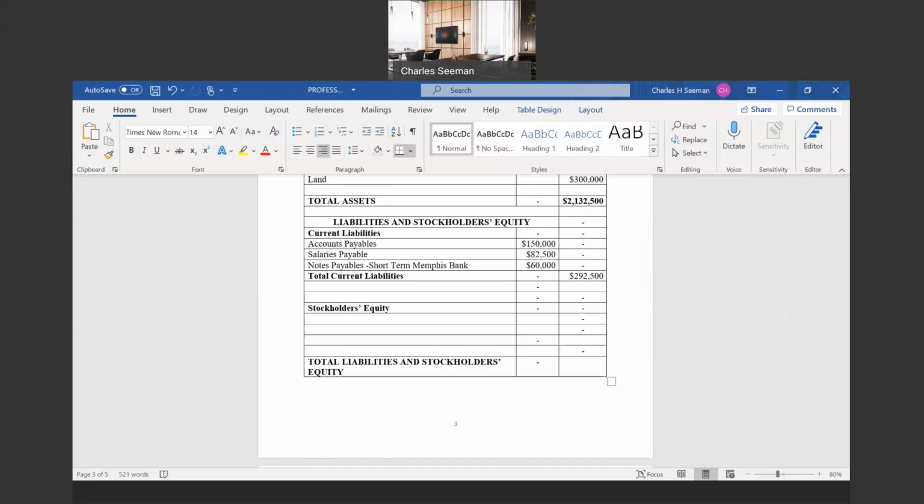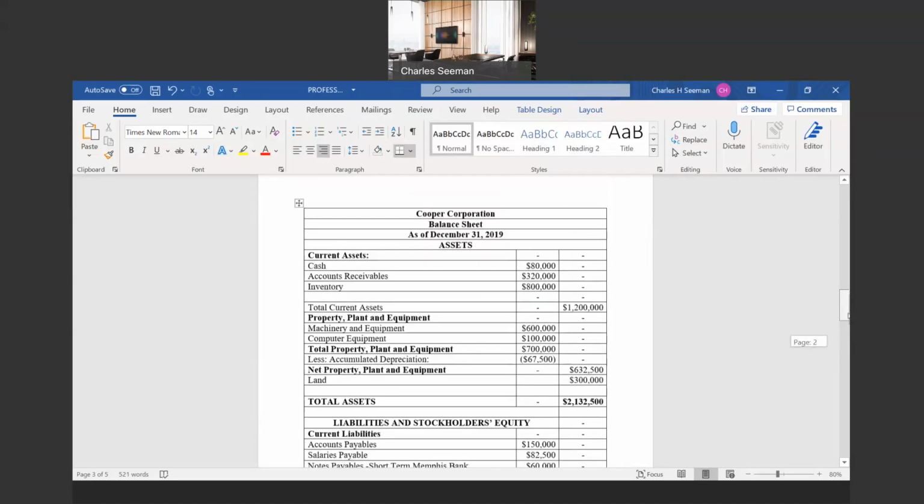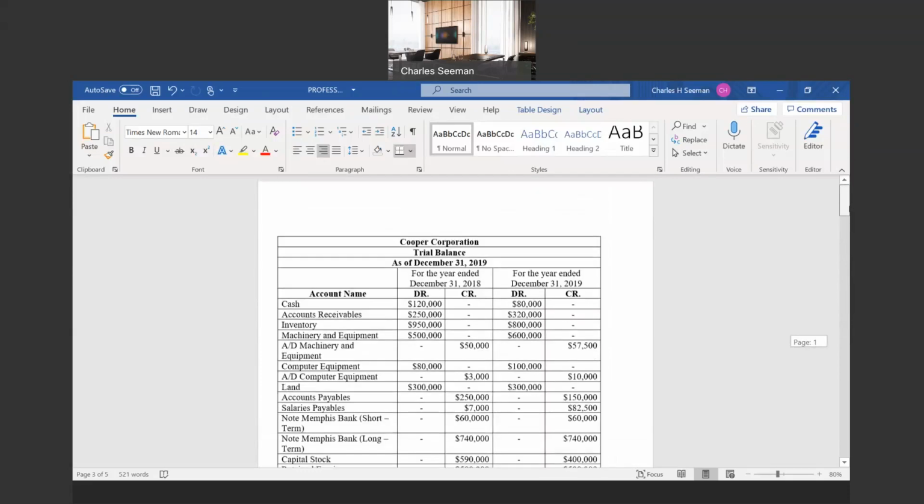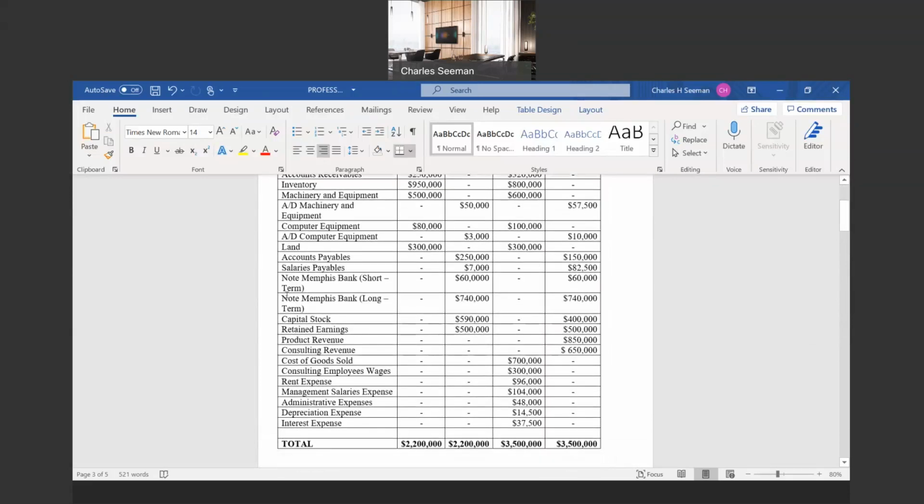Now, the next section is long-term liabilities. Those are liabilities that I'm expected to have longer than 1 year. I'm not going to be able to pay off the long-term portion of the rest of this note in 1 year. I'm going to have 5 or 10 years or 15 years or 20 years to pay it.